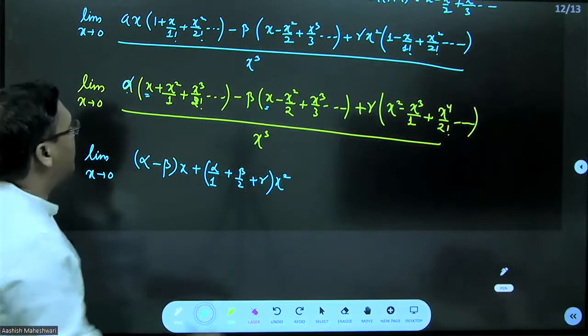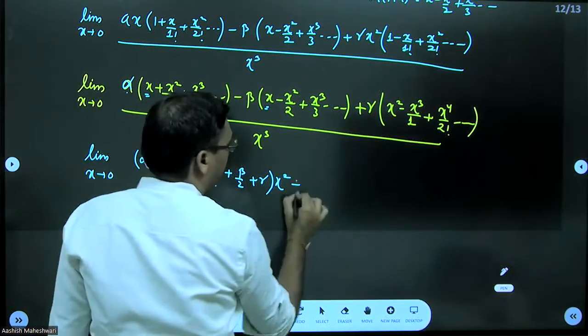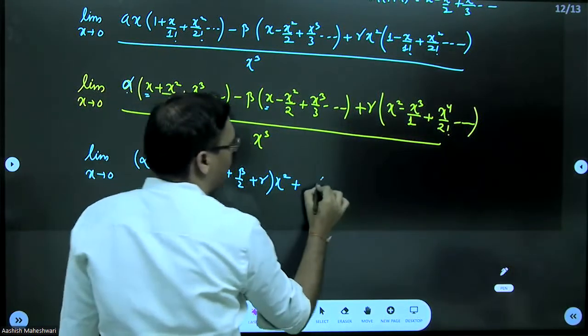Okay, now if I take the x cube term, you can see here this is alpha by 2 factorial.